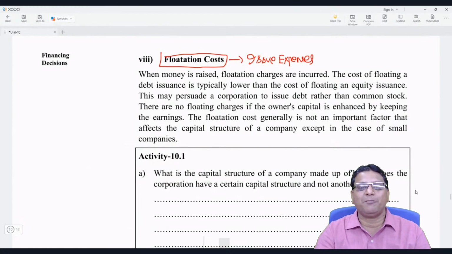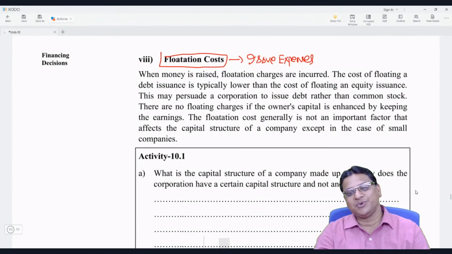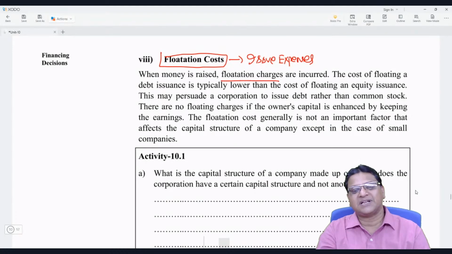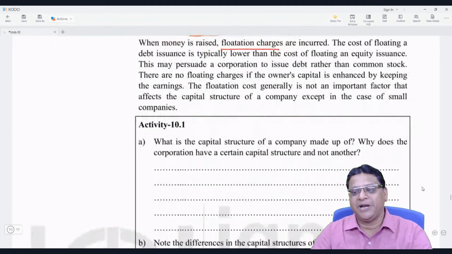In case of a small company, if issue expenses is more, then they go for more and more debt capital. And if issue expenses is less, they go for equity capital. So issue expenses or flotation cost also affect the capital structure of the company.